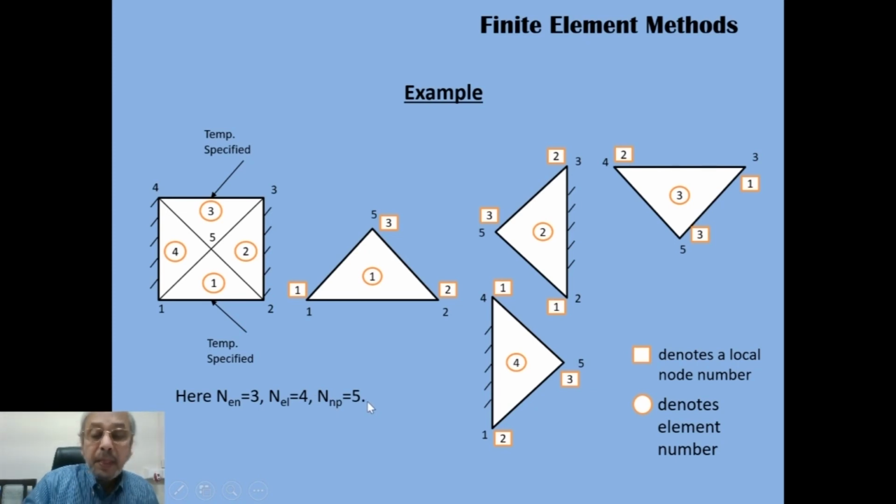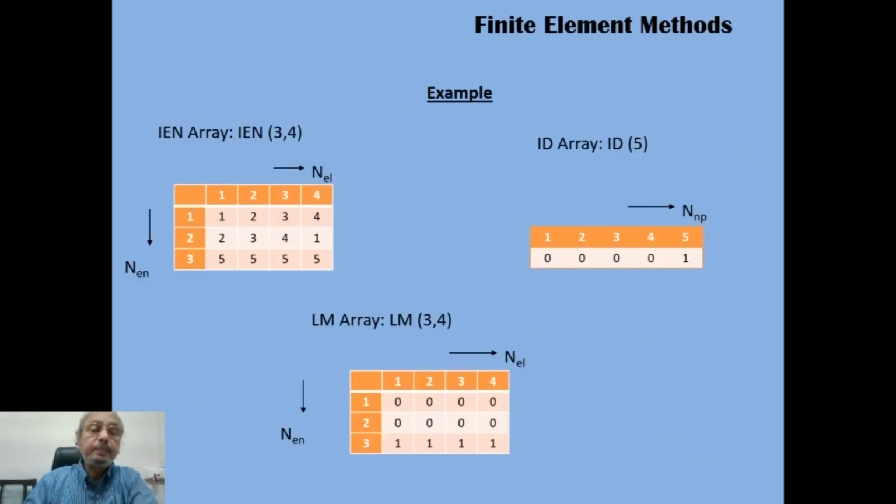And then when you read, you have to use this slide for the next slide. Without looking at this slide, the next slide cannot be made. So back and forth you have to keep looking. If you form the IEN array, this direction is basically the number of elements, and this direction is the number of nodes.